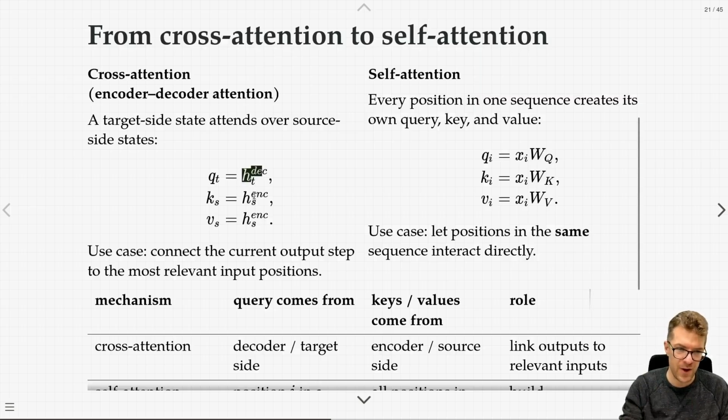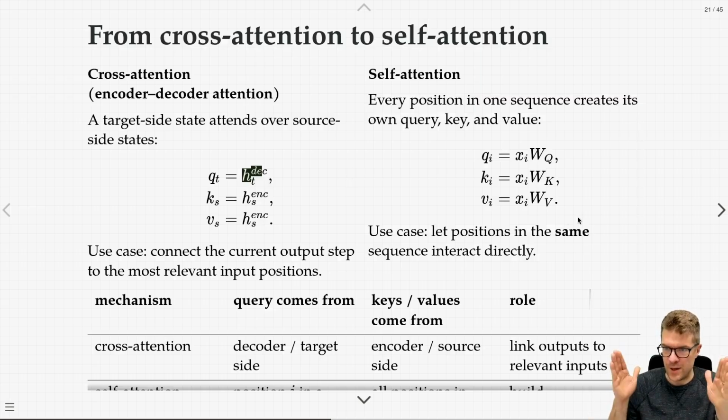So the use case, like we've been talking about this whole time, is to connect the current output step to the most relevant input step. But self-attention, by contrast, every position in one sequence, like one English sequence of words, will create its own query, key, and value that will pay attention to everything else in the input.